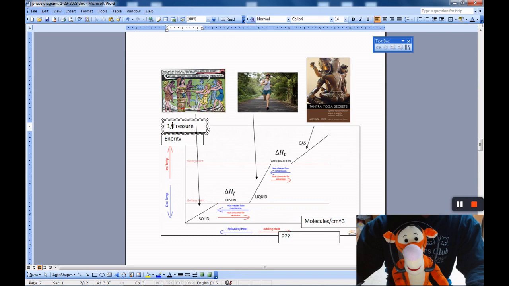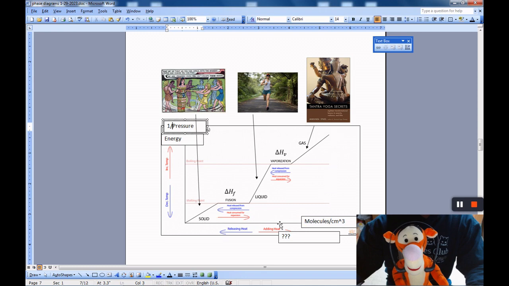So lots of few molecules per cubic centimeter would mean, no, because then at a high one, this is few.